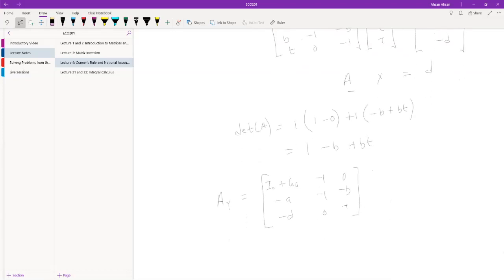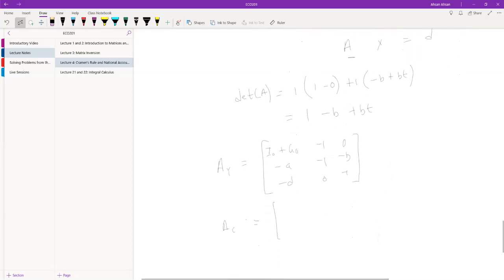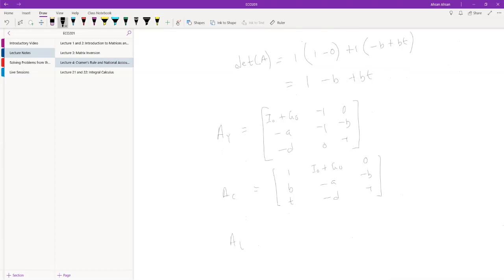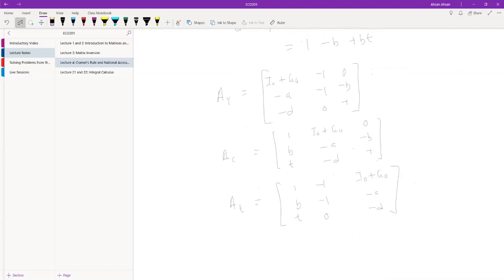Then we are going to construct AC, which will be... And finally, we're going to construct AT, which will be G minus T.